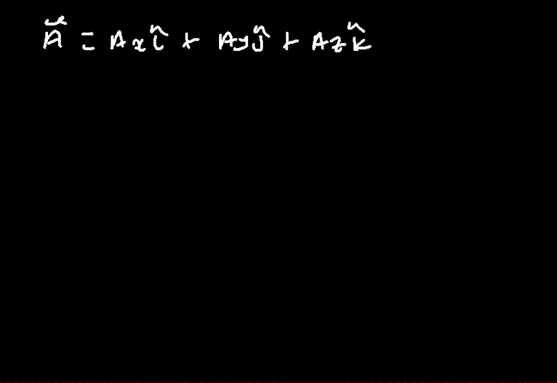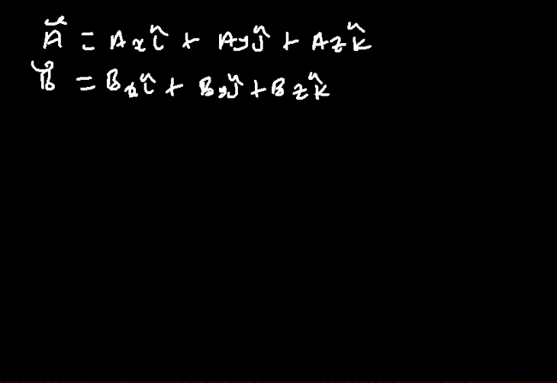So let us see how we can add vectors in unit vector notation. Let's say we have a vector A given as Ax i hat plus Ay j hat plus Az k hat, and we have another vector B given as Bx i hat plus By j hat plus Bz k hat.